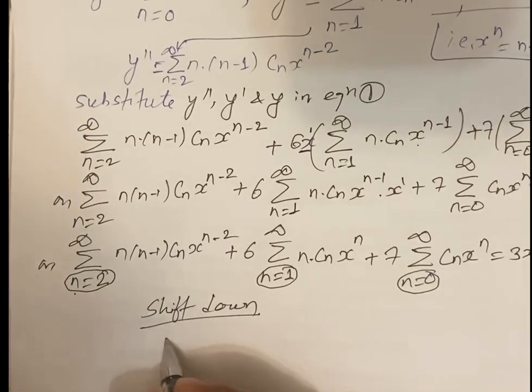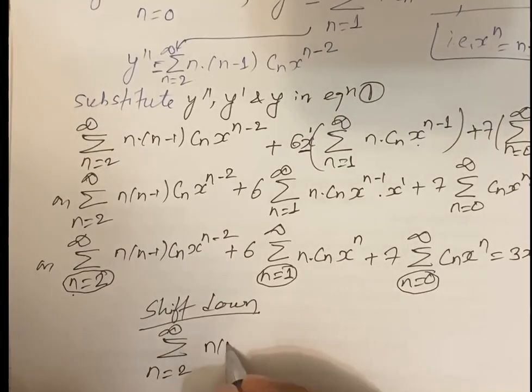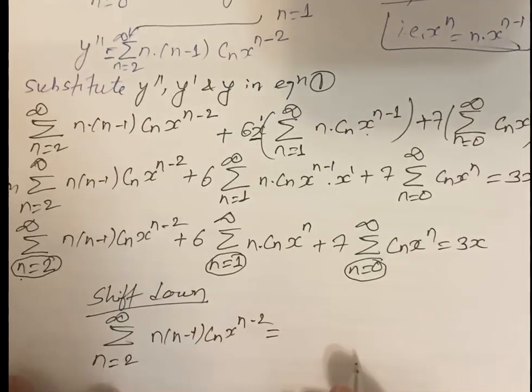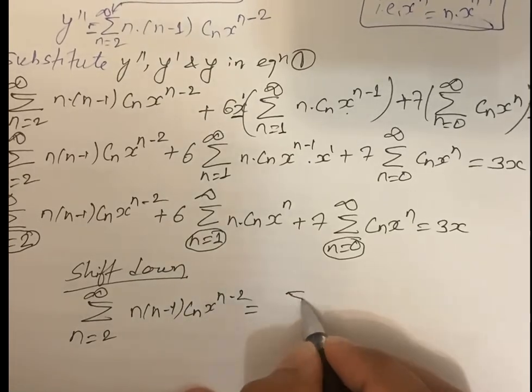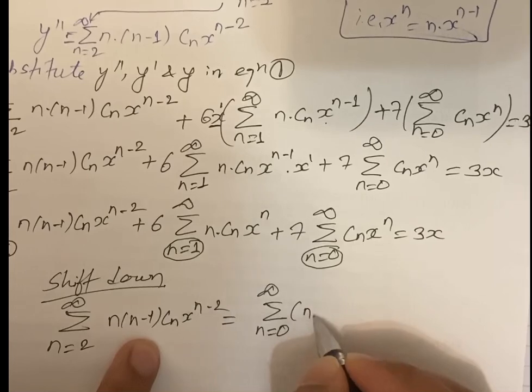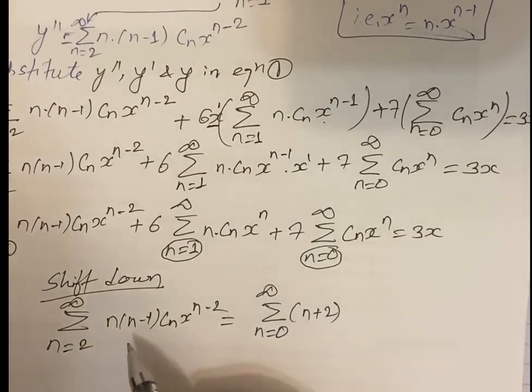Shift down means, if it is the sum from n equal to 2 to infinity of n(n minus 1) cn x^(n minus 2), then when we are shifting down to 0, we add 2 in every n.